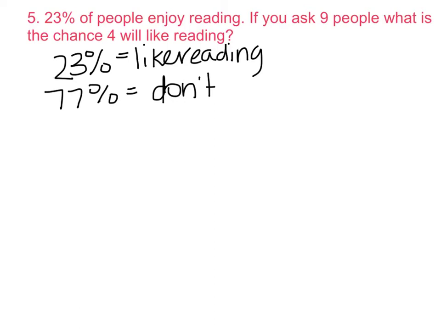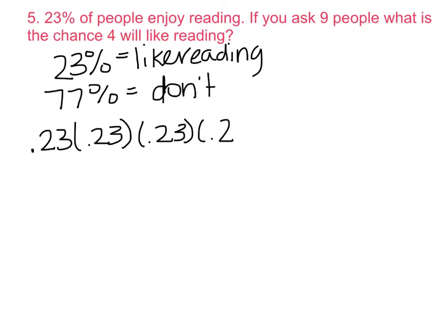So if 9 people are asked, we're going to do the 0.23 four times. And then we're going to do the 0.77 five times to make up the other 5 people.